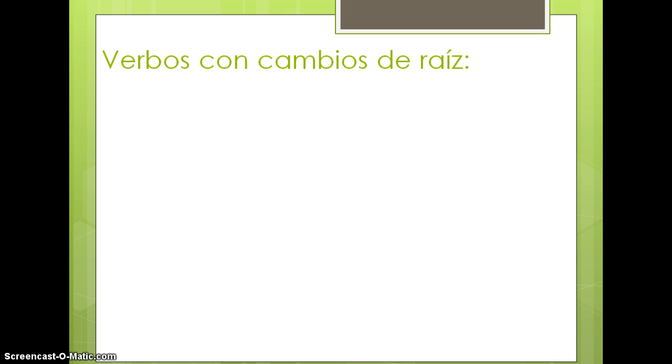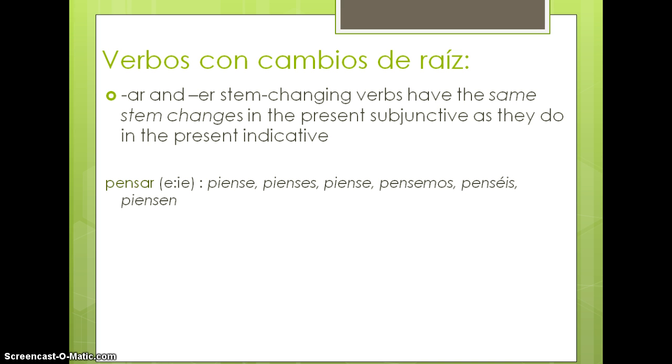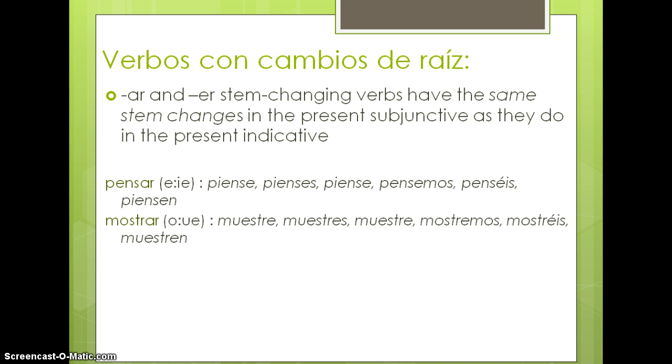We need to look at verbs that have a stem change with them, just like we saw with jugar. When you have an AR or ER stem changing verb in the present indicative, that same stem change occurs in the present subjunctive. So some examples are AR verbs, pensar, que piense, or mostrar, que muestre.